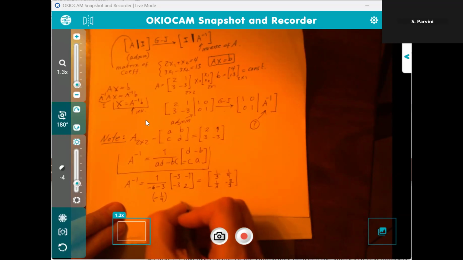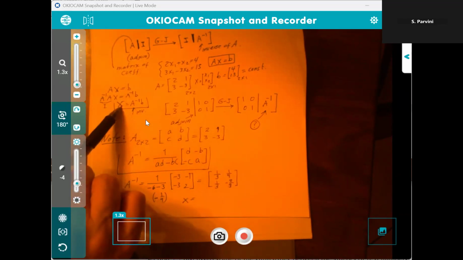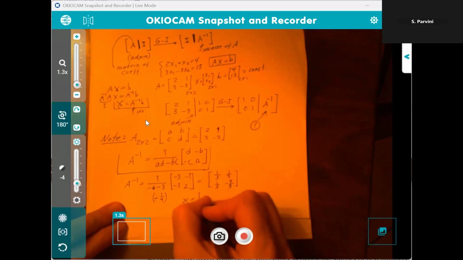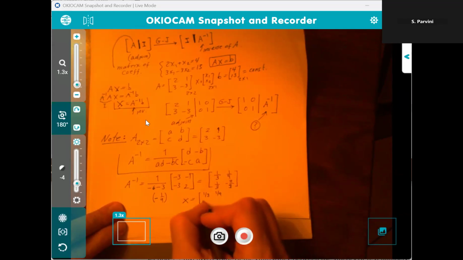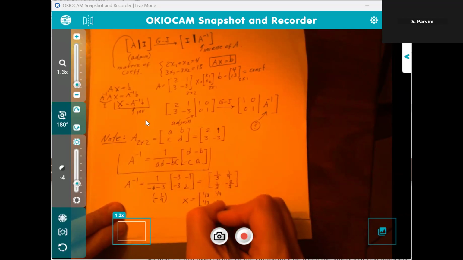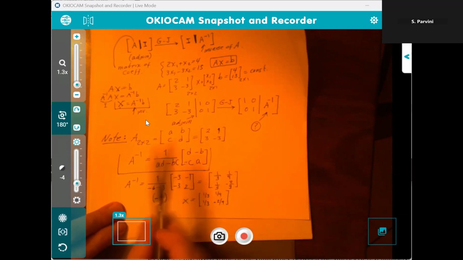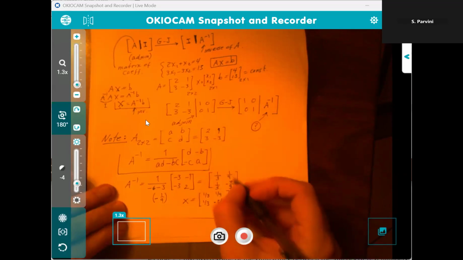Now, the solution to my made-up example, x, is when you multiply the inverse, that's 1/3, 1/9, 1/3, -2/9, by the matrix of constants, 4, 13.